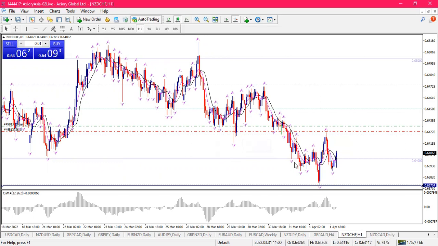So here now we are seeing price still trading around the 64 area. If you are looking for any buy opportunity, we can, because price is already above the moving average. So there are two possible outlooks that can happen here. Either we'll see a move up from here since price has broken above, or based on the 1 hour, we can see that price broke above the 64 and is still strong above 64.